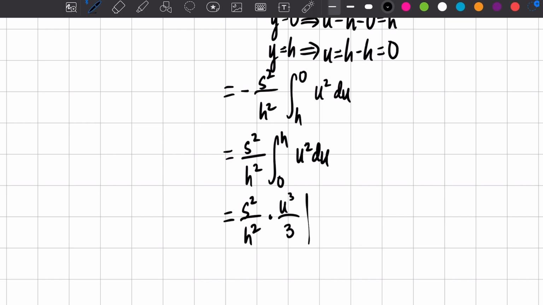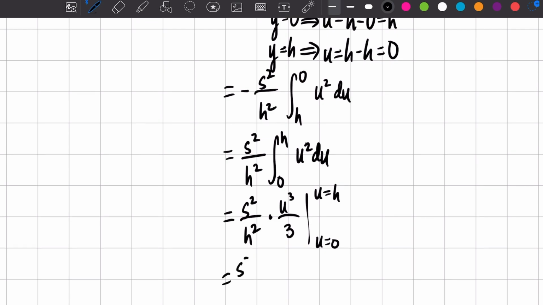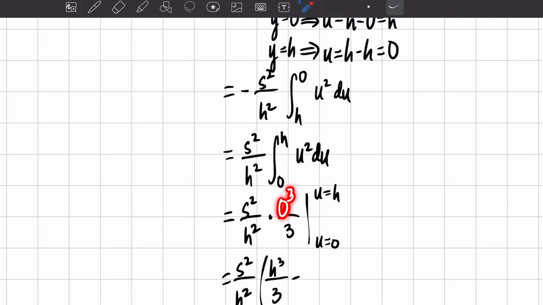And we are evaluating this from u equals 0 to u equals h. So we have here s squared over h squared multiplied by, we plug in h, so that's h cubed over 3 minus, if u equals 0, we get 0 cubed over 3. So that's a minus 0. Let's just not add that one anymore.